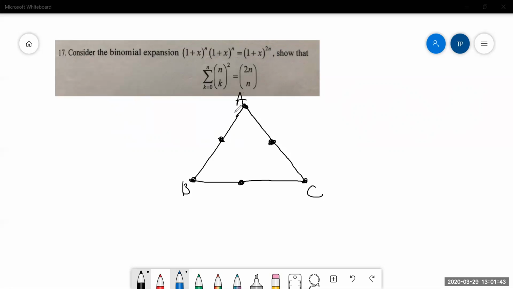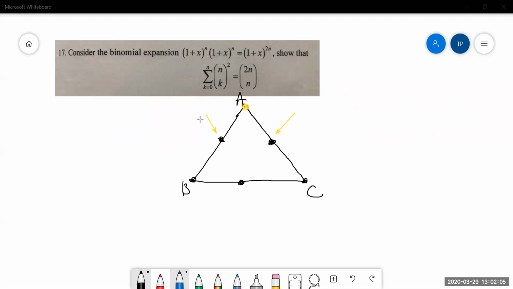So they ask you how many triangles can be formed, right? Let's say if you take A as a reference point, A can choose this one and this one to form a triangle, right?